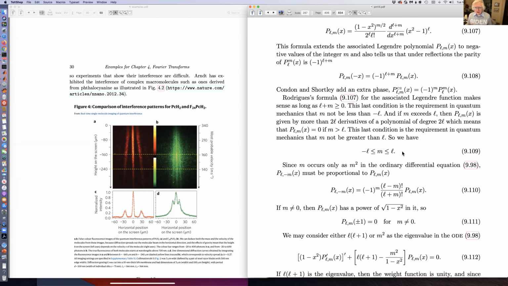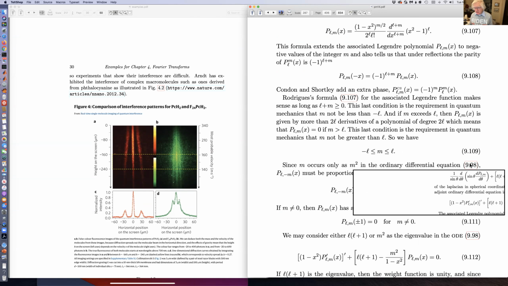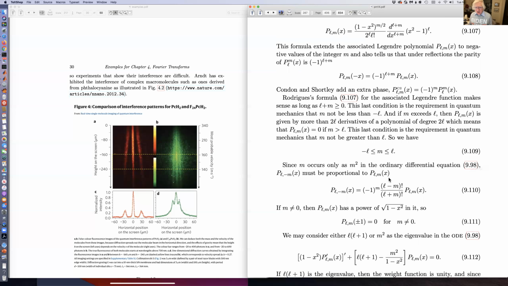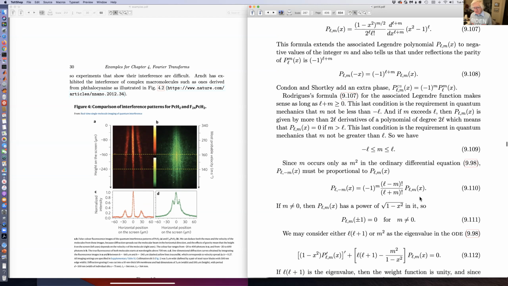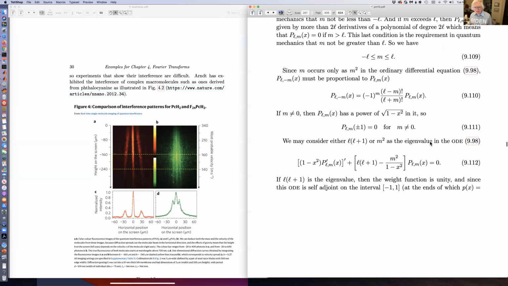Since m only occurs as m squared in the differential equation for the associated Legendre polynomial, P_L^-m has to be proportional to P_L^m, and in fact, this is the numerical relationship.